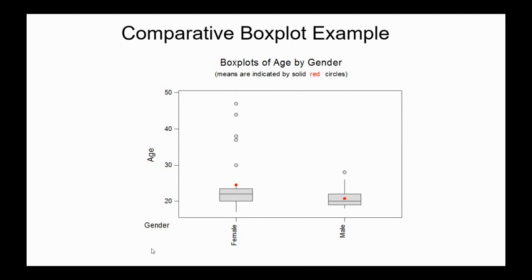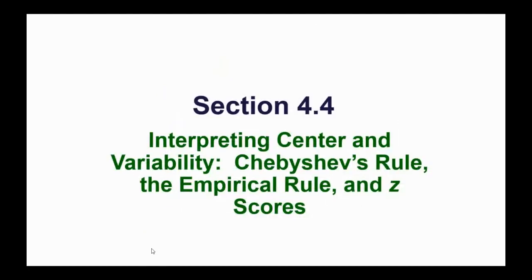Compared to males, the average is pretty darn close to the median, but it only has one outlier. So this is another way you can see the impact of outliers on the average. Remember, outliers will pull the average in the direction of the outlier. So with that, we're done.